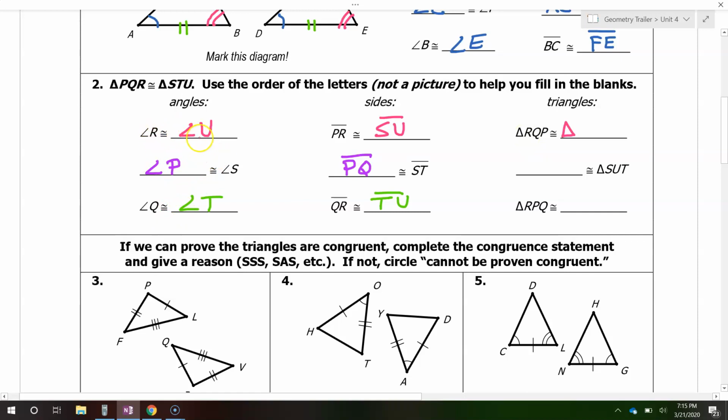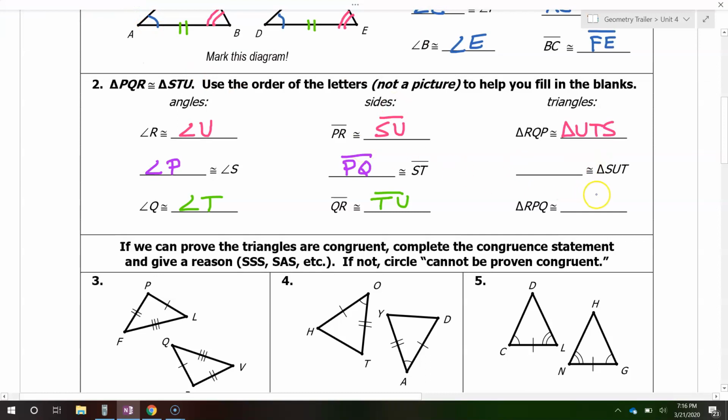R is congruent to U. So if R is first, then U is first. Next we have Q. But Q is congruent to T. So T goes next. And that just leaves angle P, which is congruent to angle S. So S goes last.